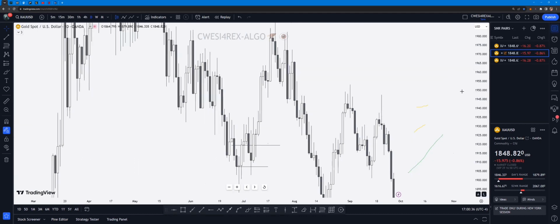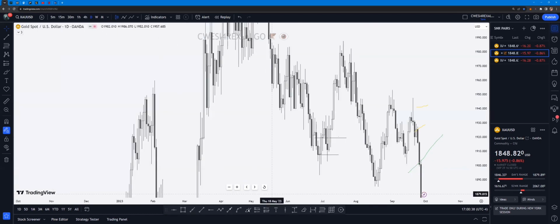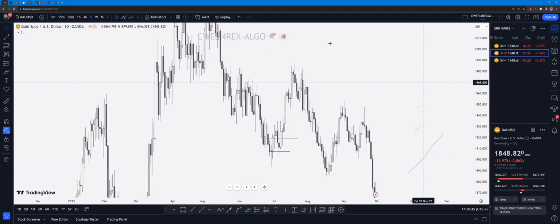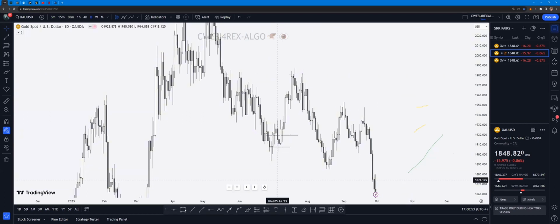But if you look at the bigger picture of the price action, we have the CMS, which is the current market structure, and then we have the major market structure or the main market structure. The current market structure focuses solely on the current price action, without looking at your historical price action.